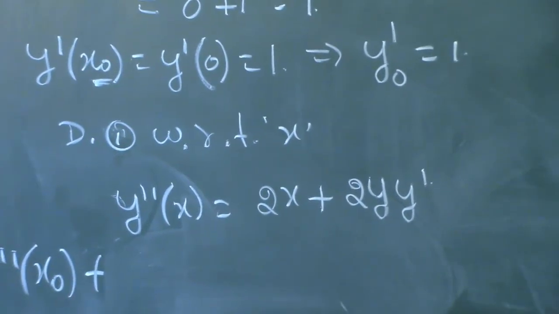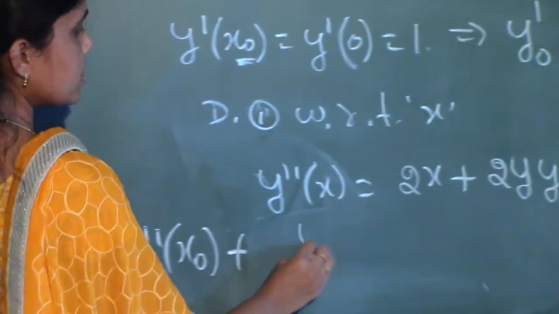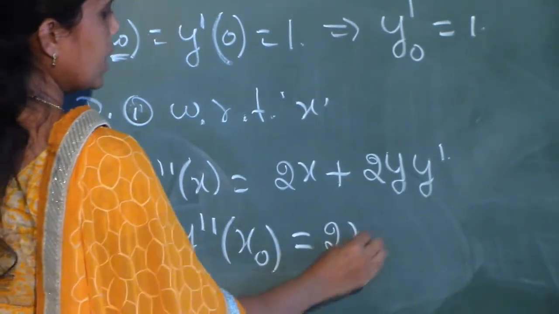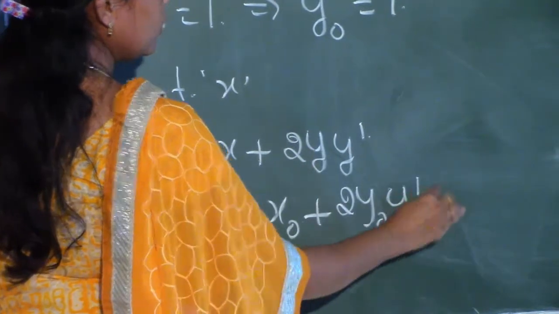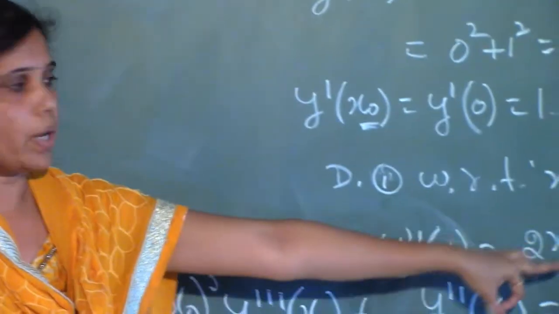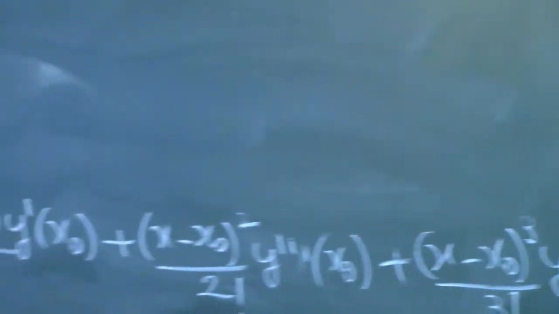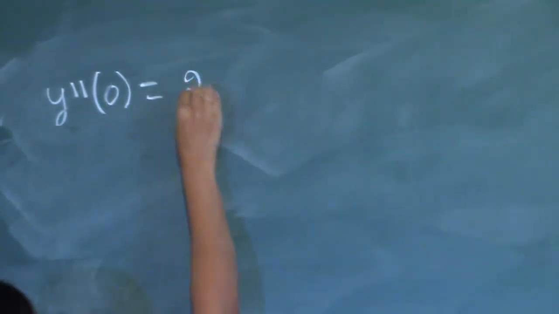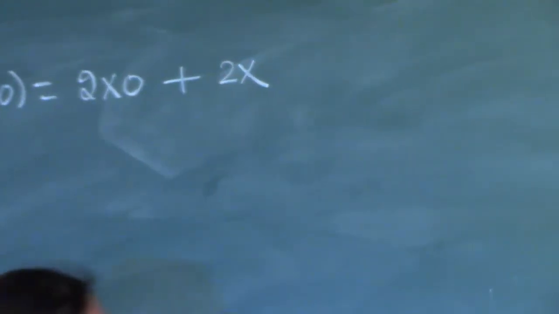Now we have to find the value of y double dash of x naught. So at the point x naught, this equation becomes y double dash of x naught is equal to 2x naught plus 2y naught into y naught dash. Now substitute the values of x naught, y naught and y naught dash in this equation. We get y double dash of 0 is equal to 2 into 0 plus 2 into y naught value.